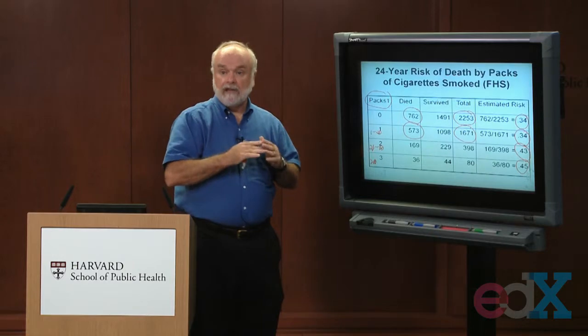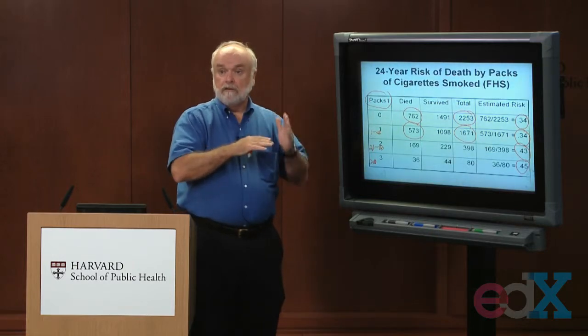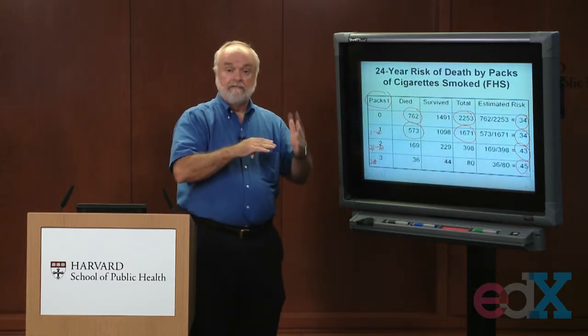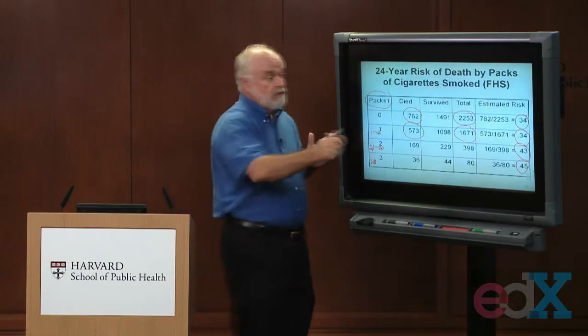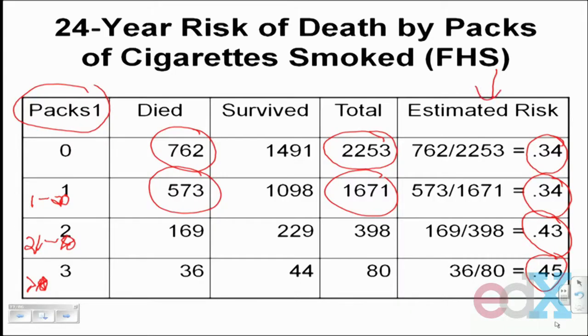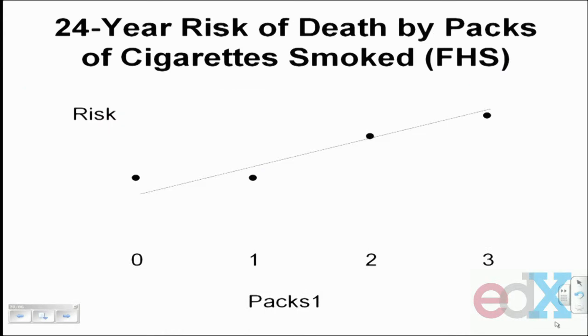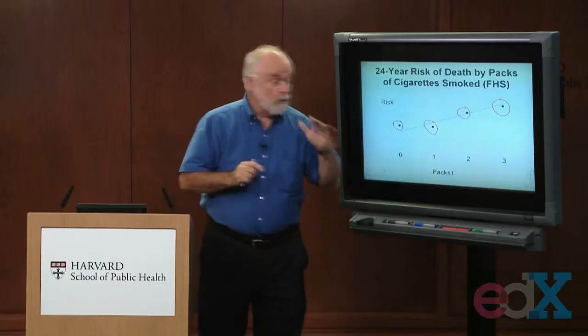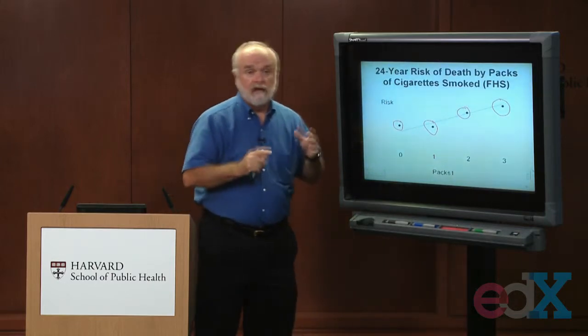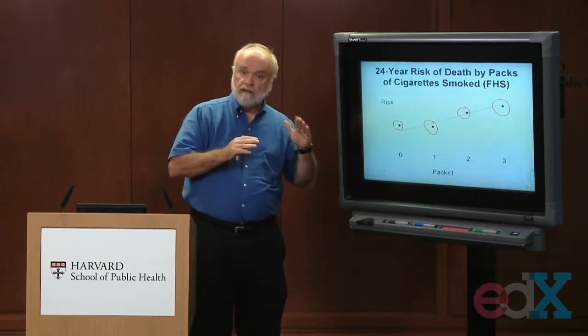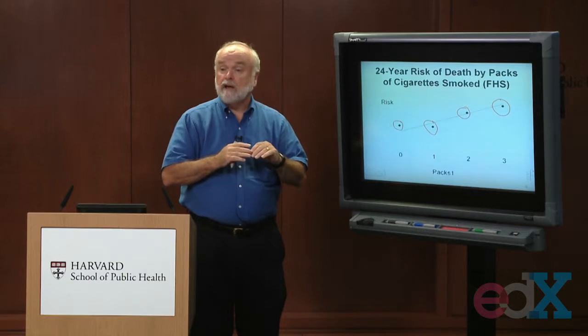If I plotted that in 2-dimensional space, using as the y-axis, the vertical axis, your risk, the numbers in this last column, and the x-axis, the horizontal axis, the numbers in the first column, the number of packs of cigarettes you smoke, that's what those 4 points would show. Then I've superimposed here a straight line that's trying to fit as closely as possible those 4 points.